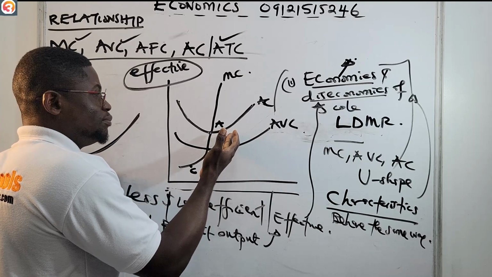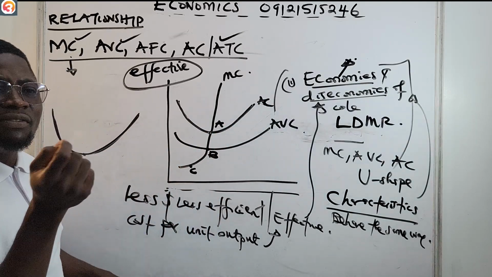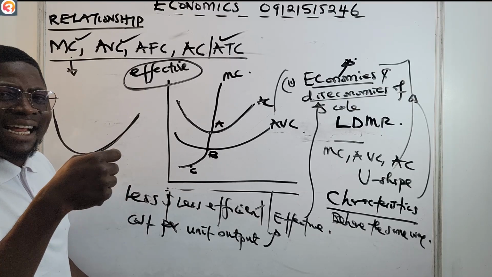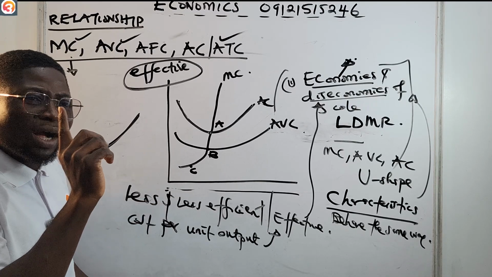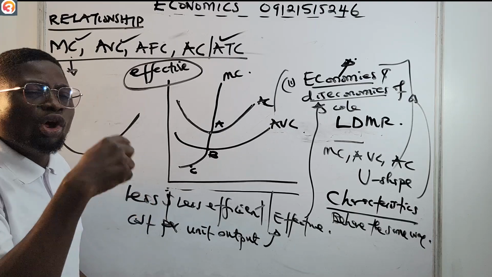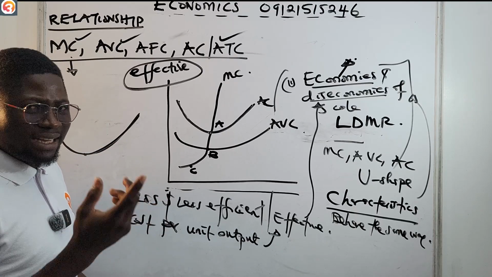The cost per unit of output begins to rise again, because the additional productivity of the worker you are employing is no longer as effective. So it's useless at that point.